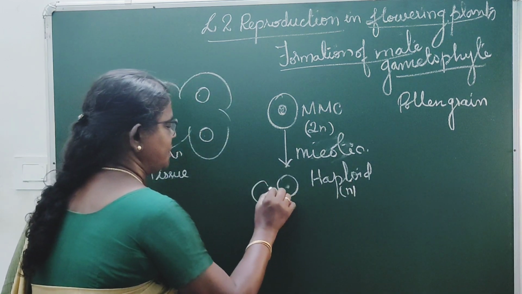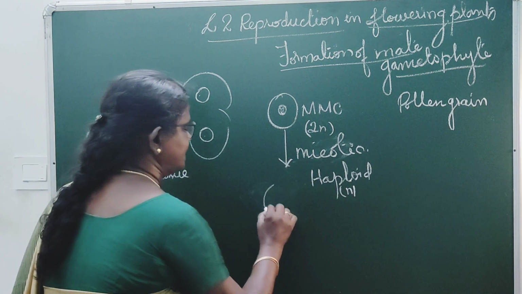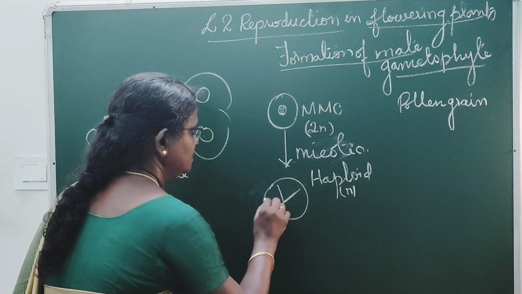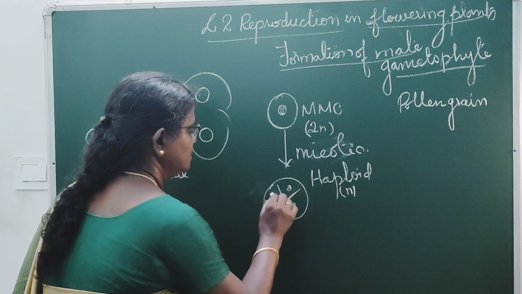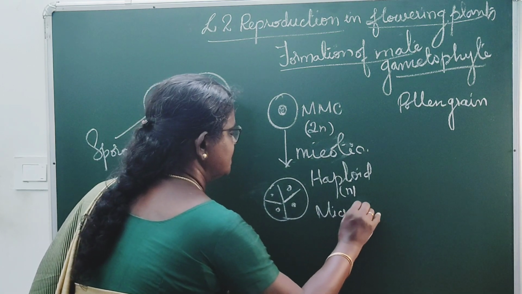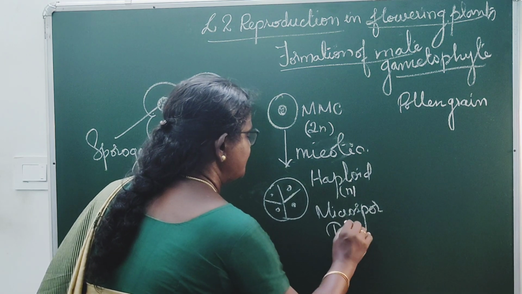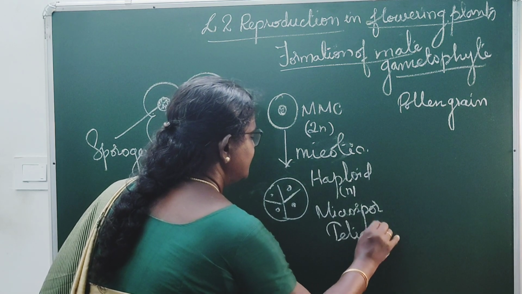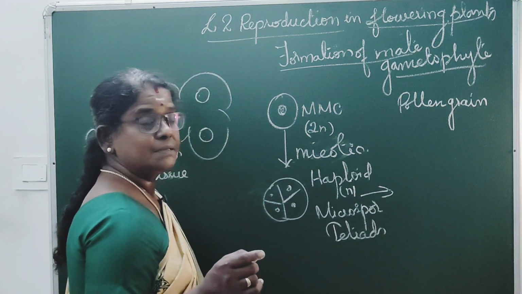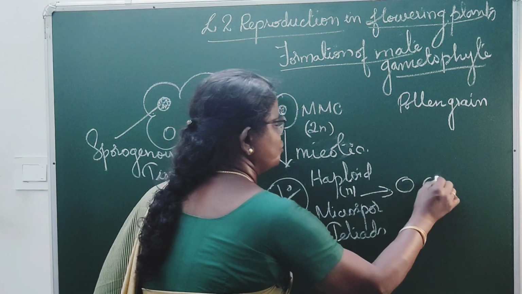So this is producing microspore tetrads. These microspore tetrads are separated when the anther matures. These tetrads separate into microspores.